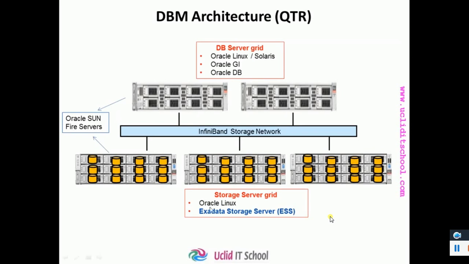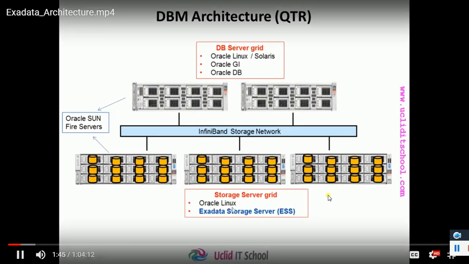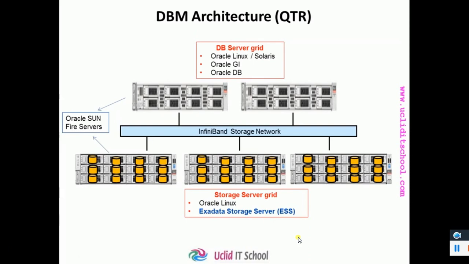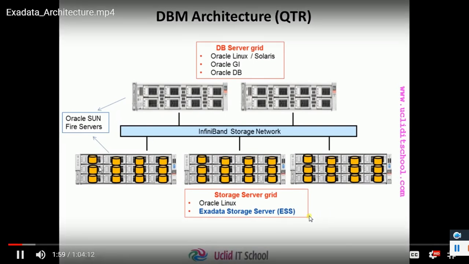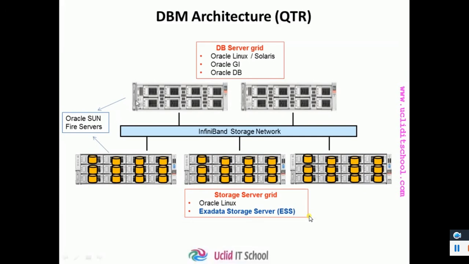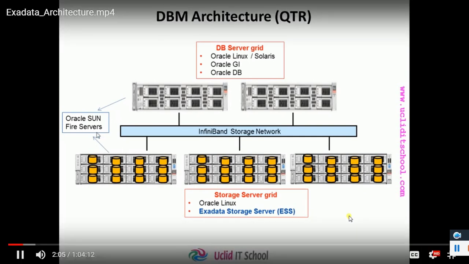And on each storage server, the operating system is Oracle Linux, and we install Oracle Exadata storage server software. And all the servers in the database machine are Sun servers. So the hardware is Sun hardware.